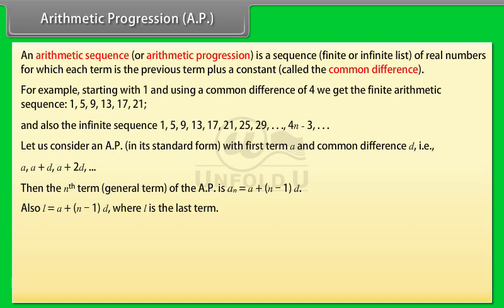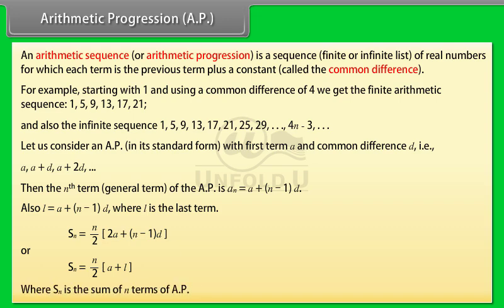Also, l = a + (n - 1)d, where l is the last term. Also, Sn = n/2 × (2a + (n - 1)d), or Sn = n/2 × (a + l), where Sn is the sum to n terms of the AP.